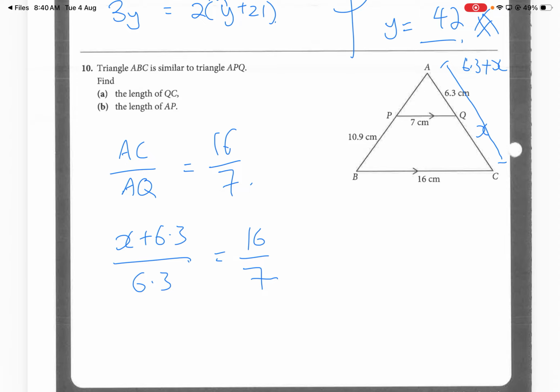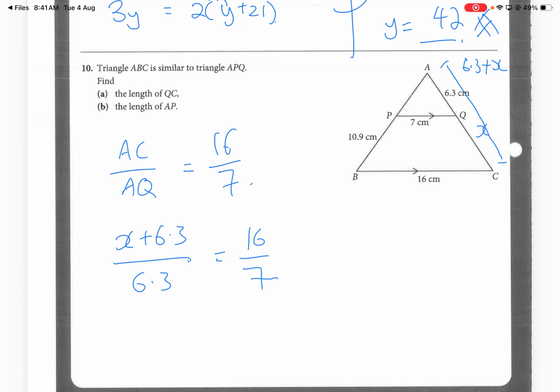Okay? Then, if I want to find out what is X, it is part of AC. That's why I can use the scale factor. Corresponding sides will give me the same scale factor. So if I take the entire AC, the big one, divided by the corresponding side AQ, the small one, AC is the long one, AQ is the short one, big one over small one.